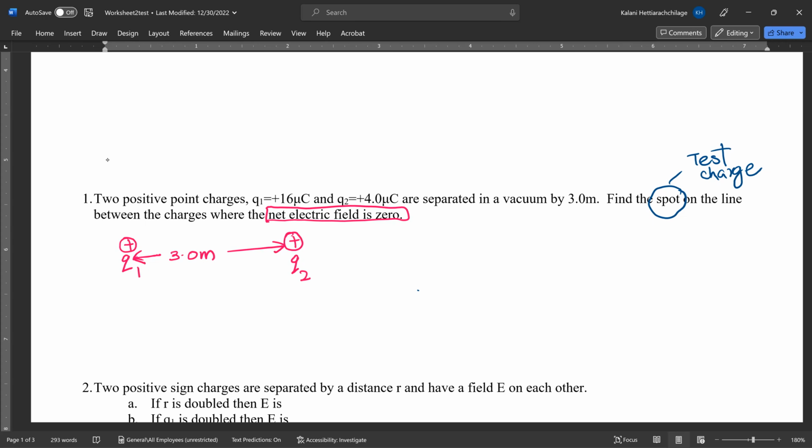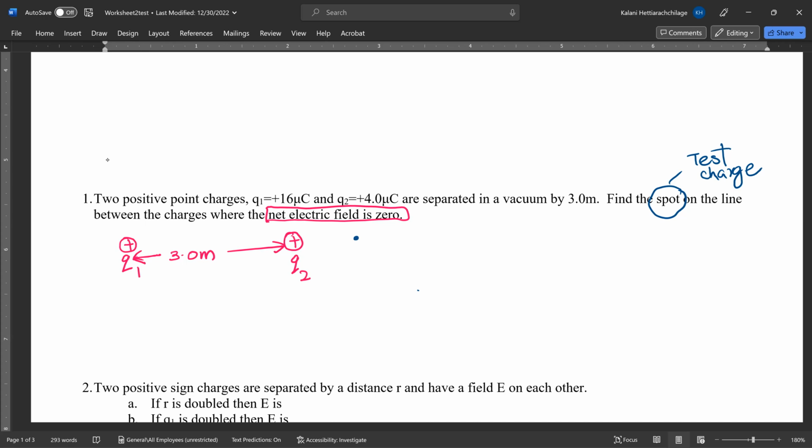The source charges are Q1 and Q2 here, right? So now you can think about it yourself. I know it is in between, but we'll say I don't know it. I'm going to probably keep my spot somewhere here, and then check whether you can have electric field left and right to make it 0 in this place.